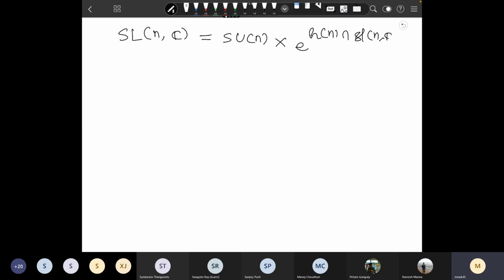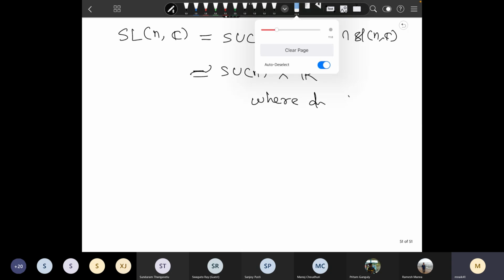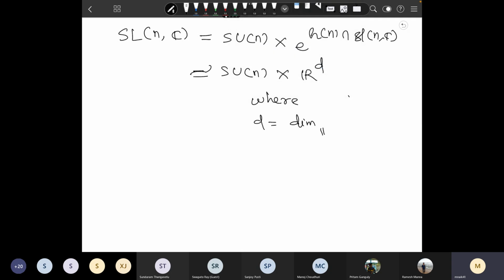This is the polar decomposition. Topologically, this is SUN times some R to the power D, where D is equal to the dimension of HN intersection small SLNC.